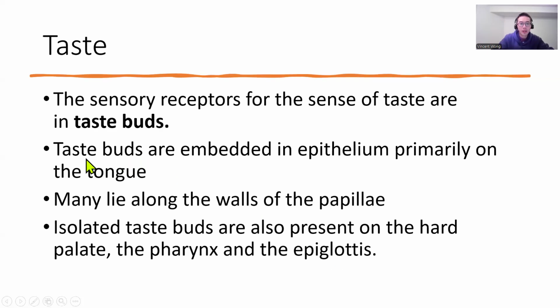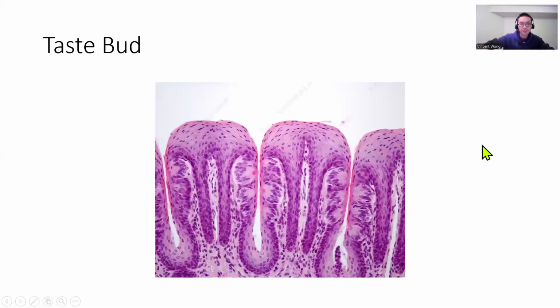Okay, so where are the taste buds found? They are actually found along the walls of these cylindrical structures called the papilla for singular, papillae is plural. Let me see if I have a picture for you. There we go. This is a tongue viewed under the microscope.